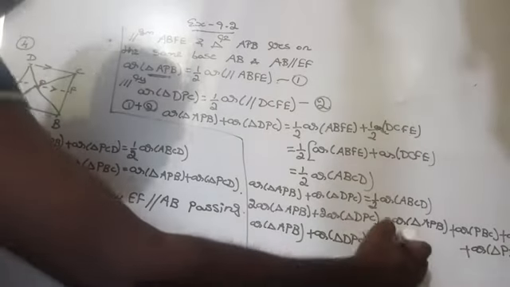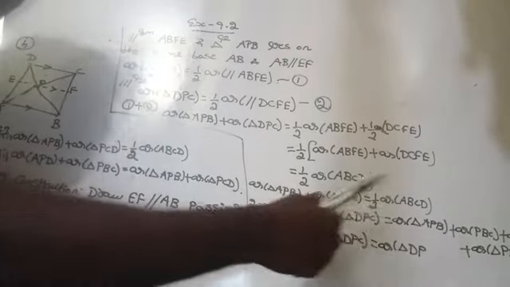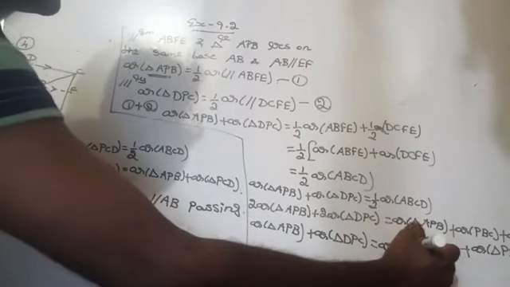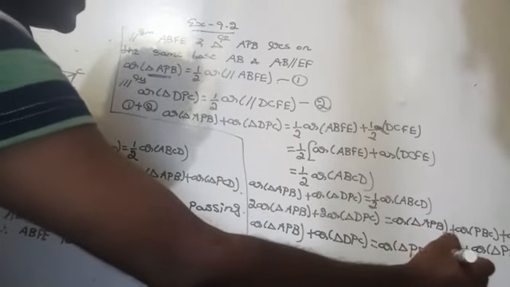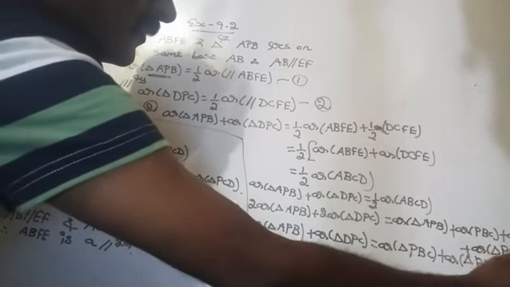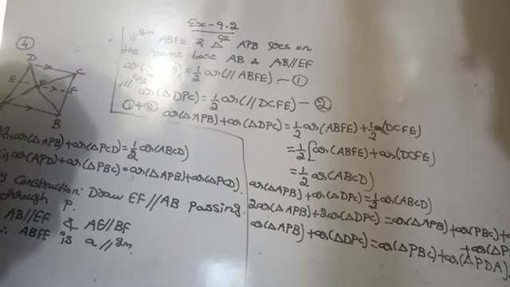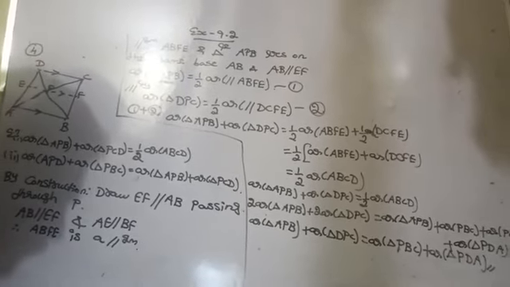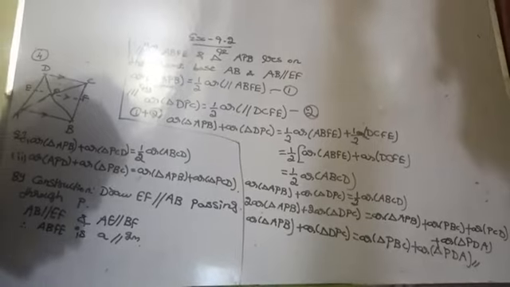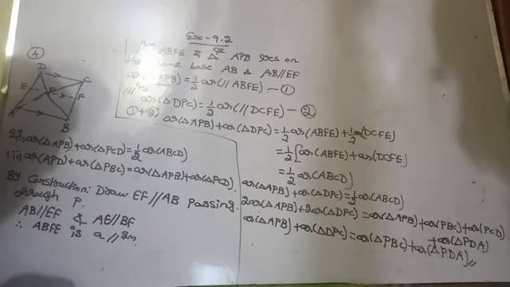That means area of triangle DPC, already written, equals area of triangle PBC plus area of triangle PDA. Are you getting there? Right? So this is what we had to prove. So we proved the second part also.